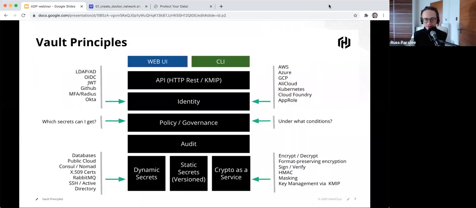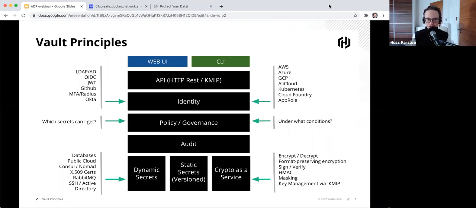In terms of what Vault does, this will be my introduction to Vault, and then we'll talk more about those advanced topics. Just so you understand what Vault is, Vault is an API first product. It has an HTTP API, a RESTful API. It also has a KMIP interface. We'll talk more about KMIP later. But ultimately, what this lends itself to very nicely is automation, for people to develop applications that can easily consume the APIs that Vault provides.